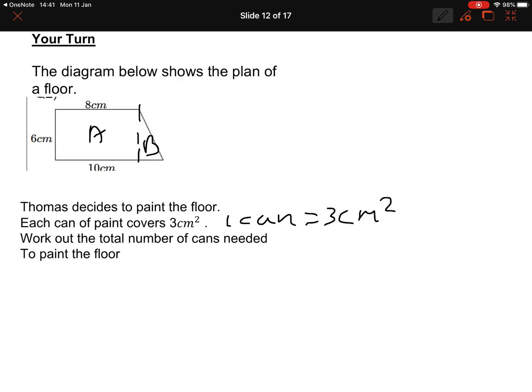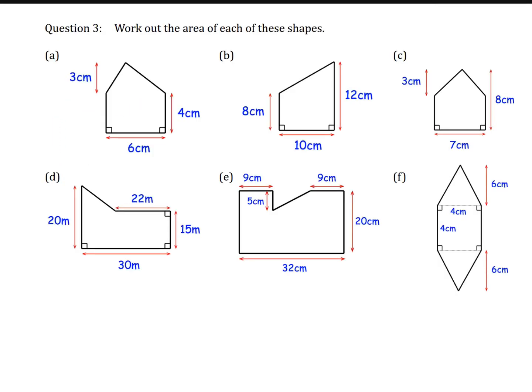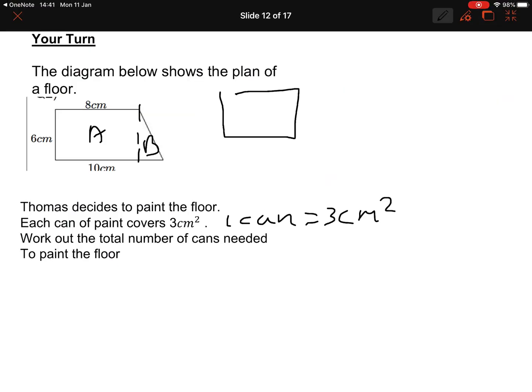So I want to work out how many centimeters squared I have altogether, and then the final answer will be divided by 3, basically. Let's look at A first. If you look at the rectangle, it's a 6 by 8 rectangle. So that's going to be 6 by 8, which is 48 centimeters squared.